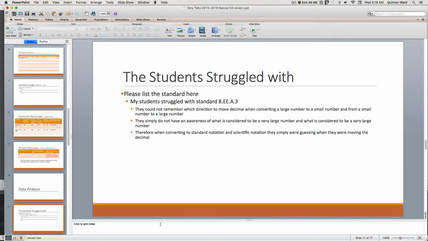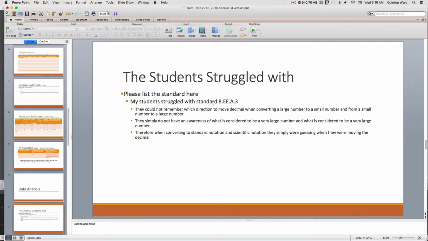What we are looking for is to see whether the teacher could clearly articulate and understood what actual skill, what prerequisite skill, what was it about that standard that the child simply could not do. Okay, now this is what I wrote as a sample.